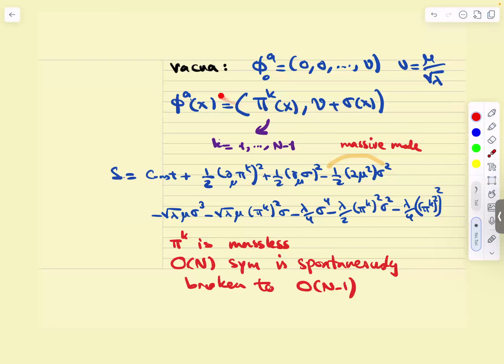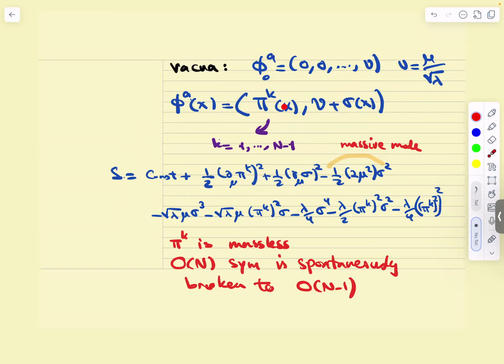So now we're going to take this vector, plug it back into the action, and expand. We're going to get a constant piece, plus a kinetic term for pi k, plus a kinetic term for sigma, plus a mass term for sigma. But notice that there is no mass term for pi.